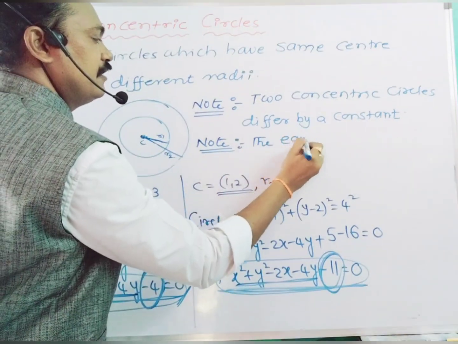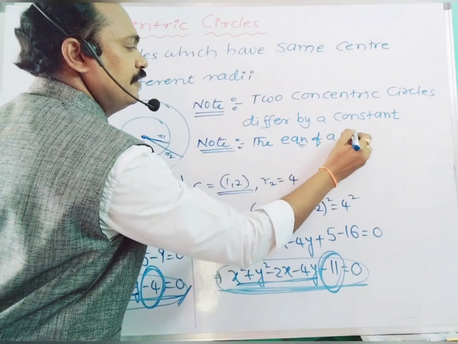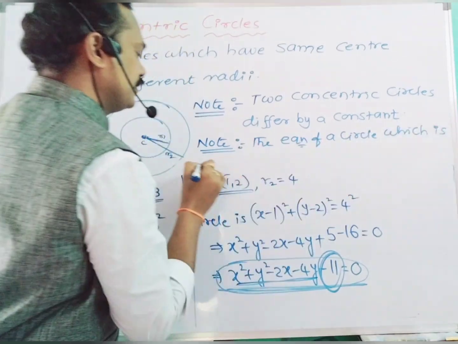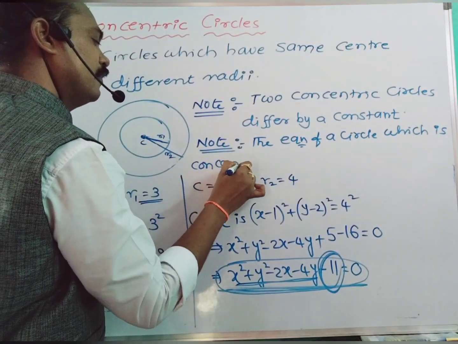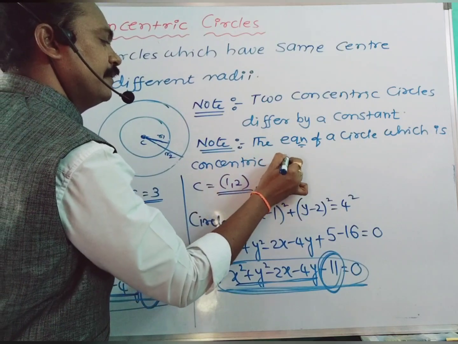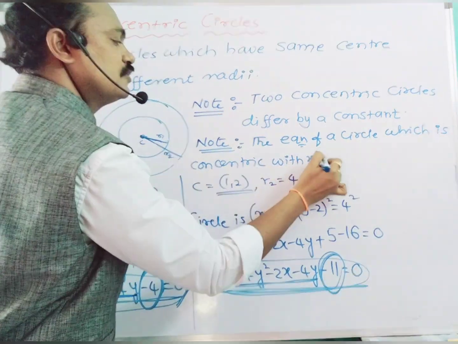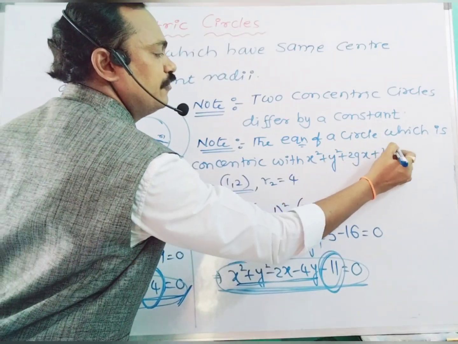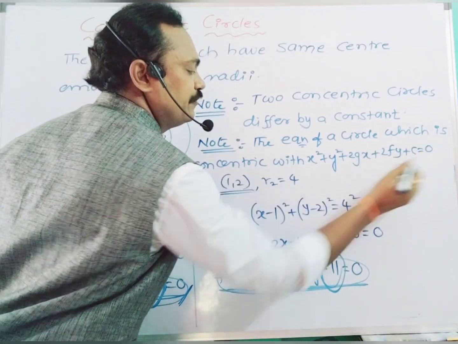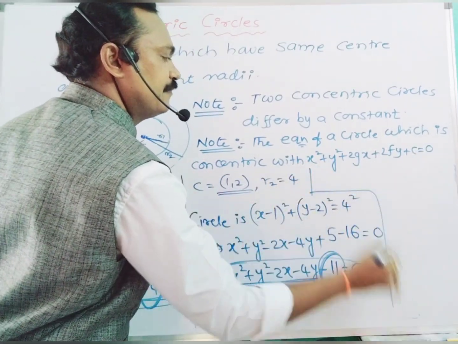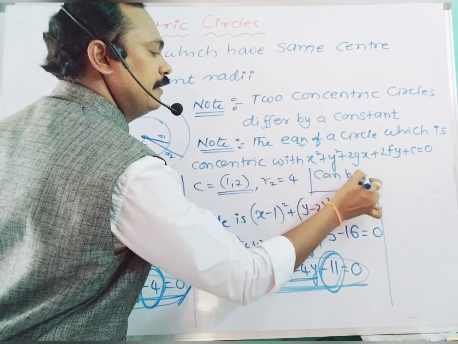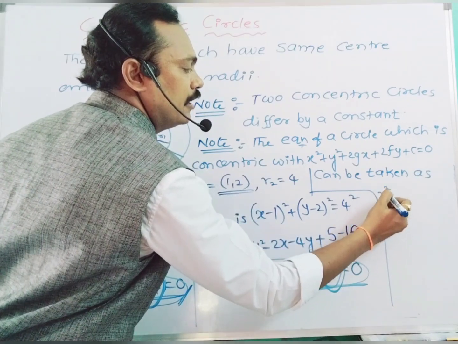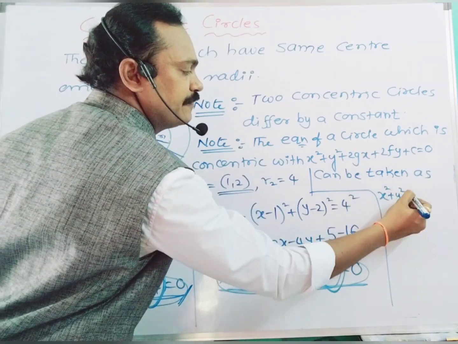The equation of a circle which is concentric with x square plus y square plus 2gx plus 2fy plus c equals to 0 can be taken as x square plus y square as it is plus 2gx as it is.